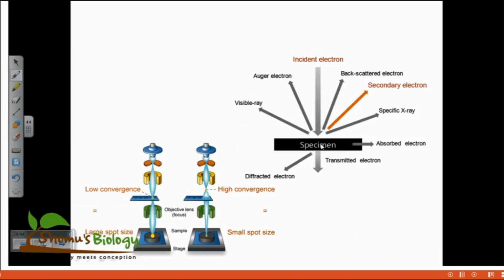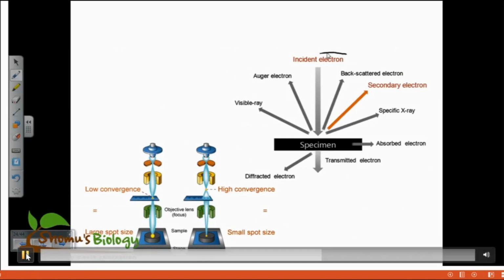First is the secondary electron beam, second the backscattered electron beam, and third X-ray radiation. Three types of radiations or beams are produced after the specimen is hit by the electron beam. So we can go and see the explanation about these three types of beams.